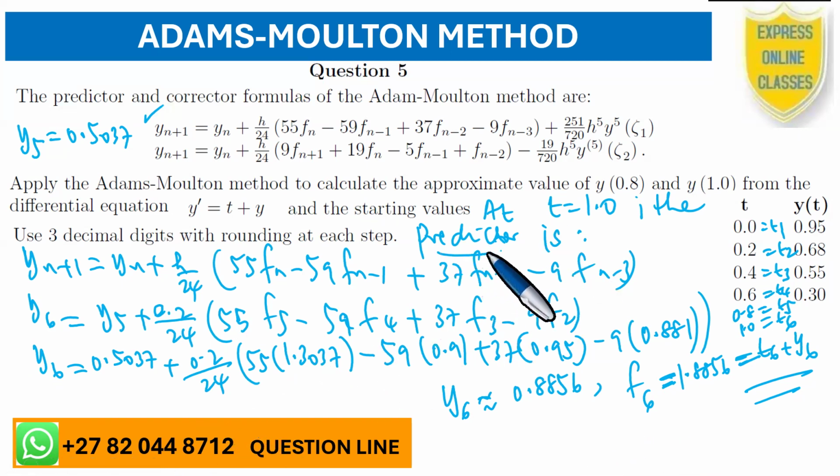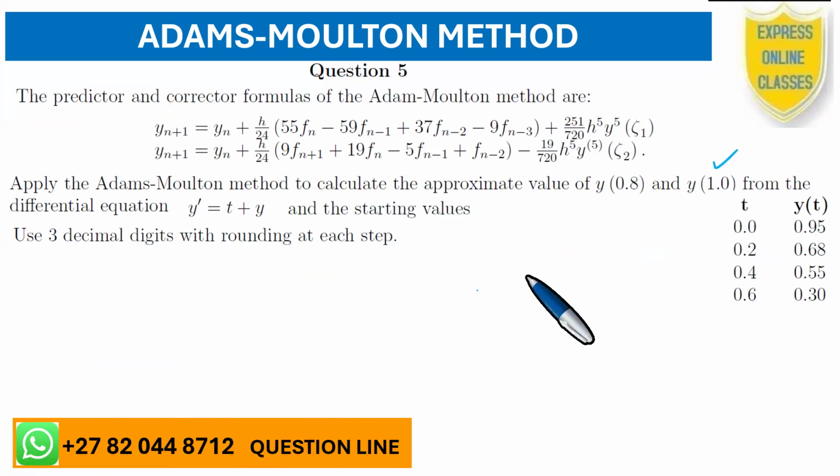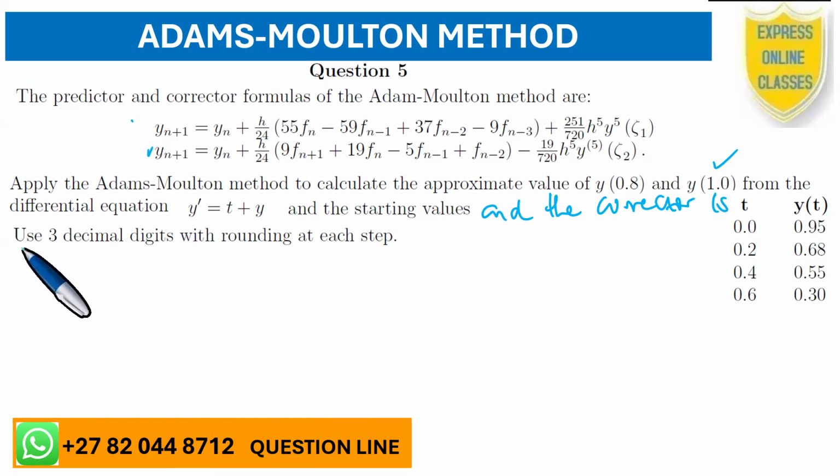This one is for the predictor at 1.0, but we're also going to do the corrector at 1.0 to be able to find the 1.0 estimate. The corrector is the predictor and then the corrector for the Adams-Moulton.